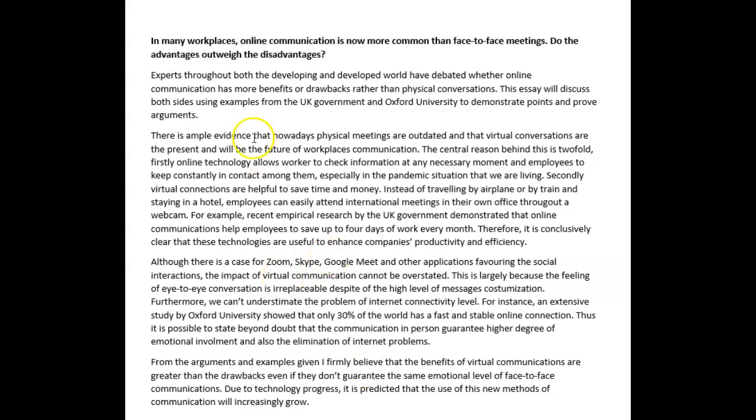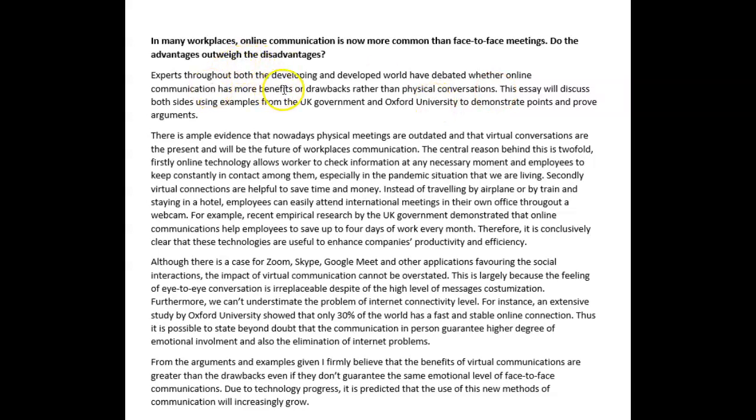Oh, before we continue with the essay, I wanted to fix some of this too. I thought there was some awkwardness here because you said whether online communication has more benefits than physical conversations. That would have been better.